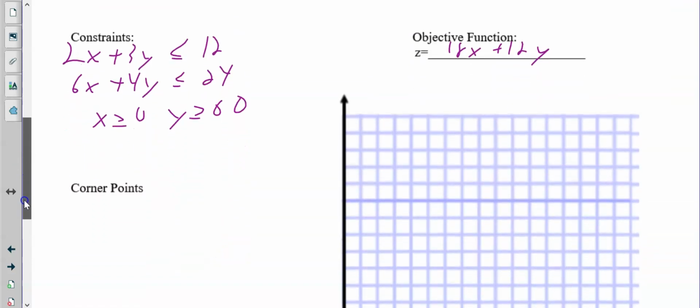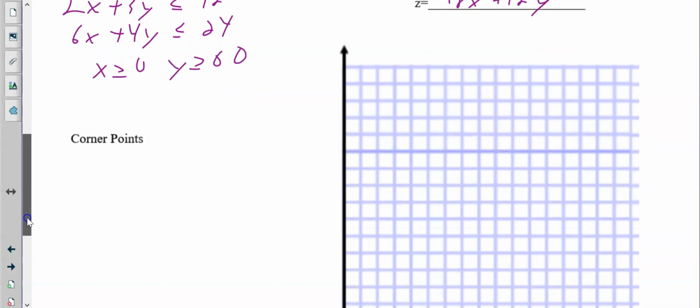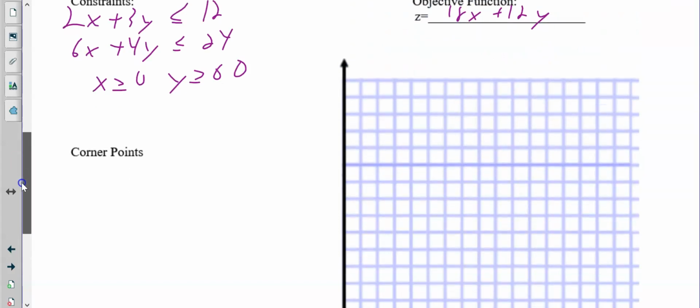Now we graph. So I'm going to use a cover-up method. If I cover up the 2x, I don't know what happened to my bottom line here. So let's put that on there. All right, so if I cover up the 2x, that gives me 3y, 12, so y is 4. 1, 2, 3, 4.